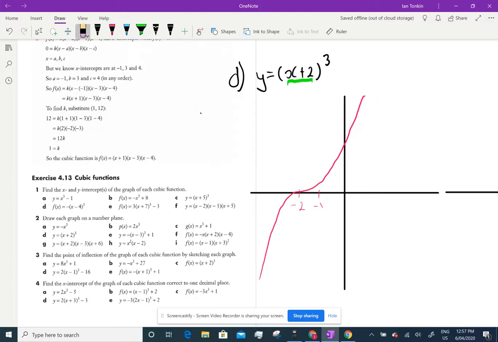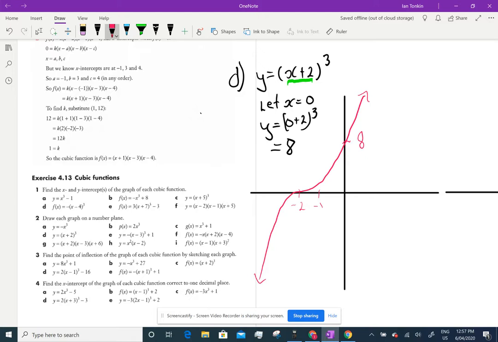That's a bit bad. Now, I know that spot, but how do I know this spot? And if I let x equals 0, I'll get y equals 0 plus 2 cubed, which is just 2 cubed, and that's 8. Now, as you can see, that doesn't look like much scale.